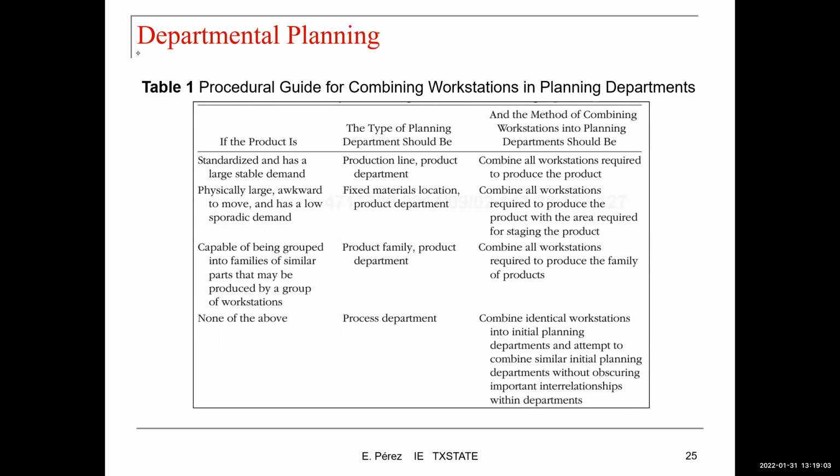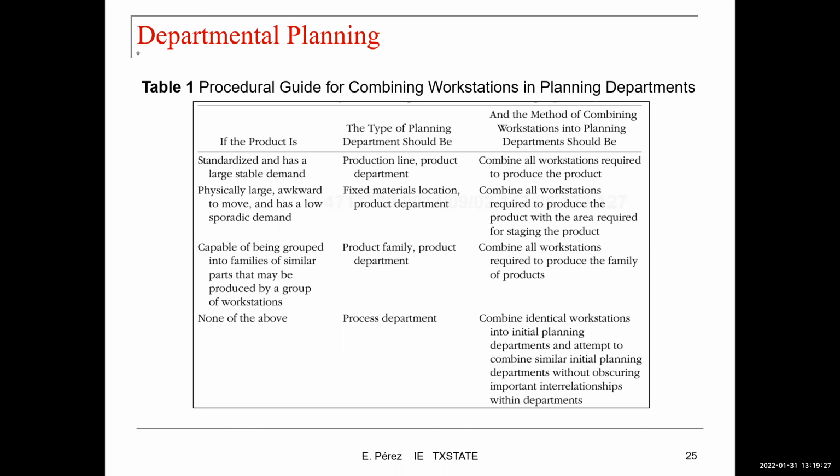So if you have a specific model, it has some differences, but in essence, you have multiple processes that are the same. You can combine those workstations and then have a route for each one of those products, and they will skip the stations that are not needed, and use the stations that are needed.